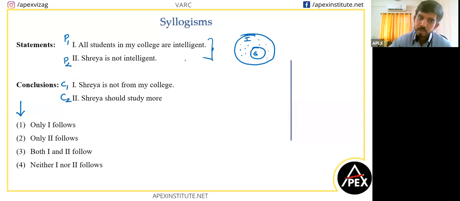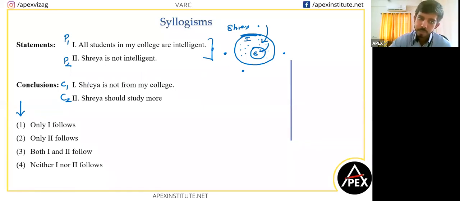Now, Shreya is not intelligent. So Shreya is outside this circle. She may be here, or here, or here, anywhere. But she's outside the circle of intelligent students. So can we say that Shreya is not from my college? Yes. If she can't be inside the larger circle, she can't get into this. Then it's not possible for her to get into the smaller circle.